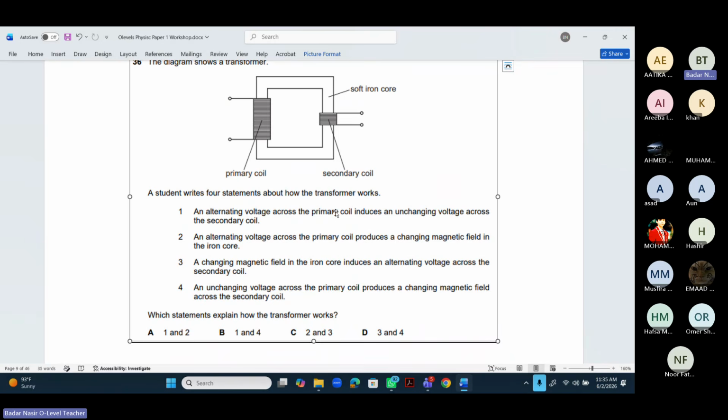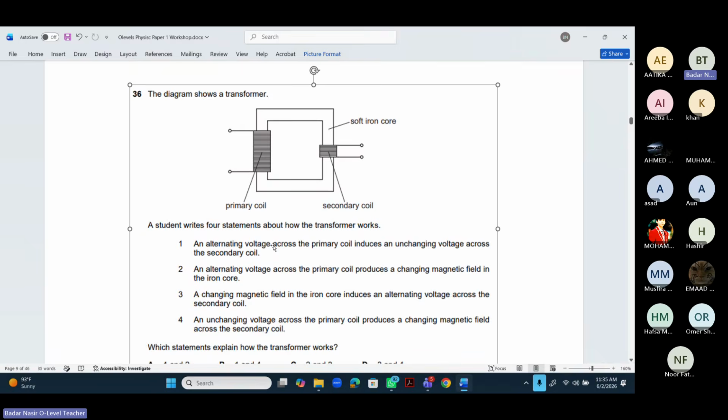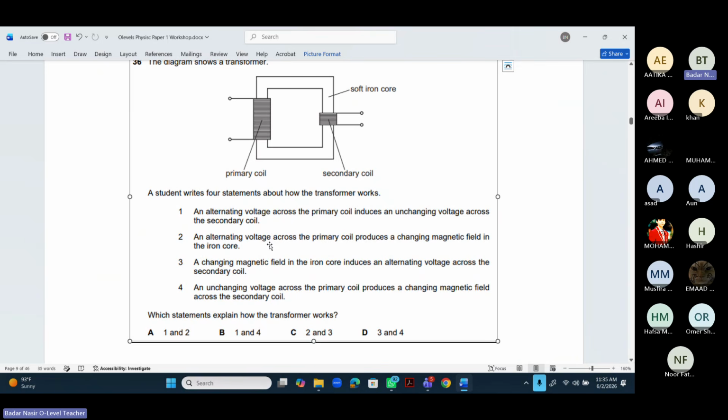Which statement explains how the transformer works? So we have to see which statement explains how the transformer works.